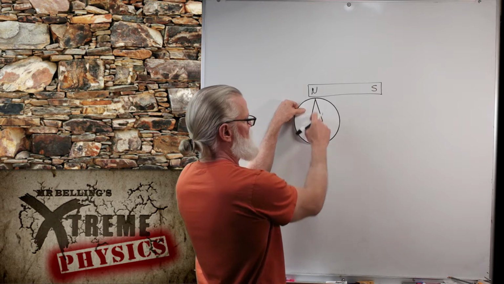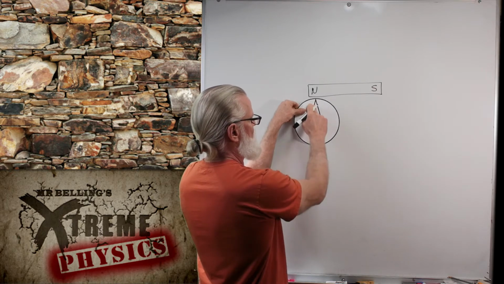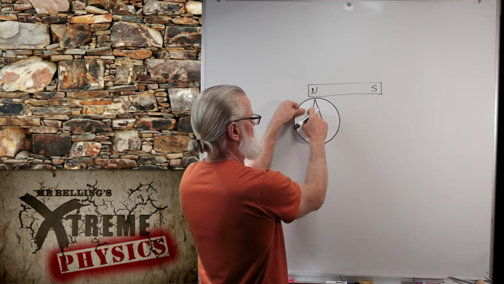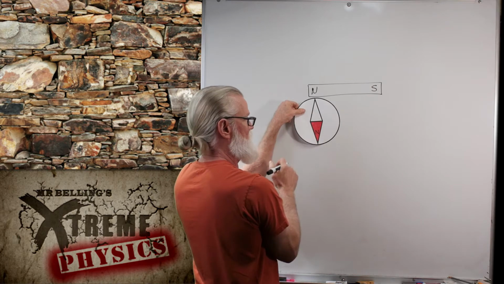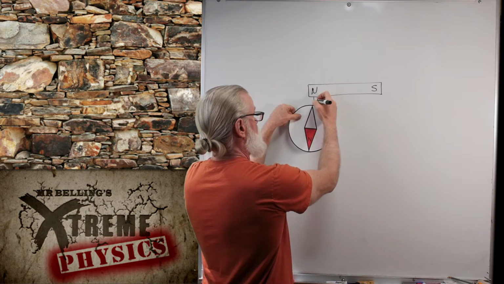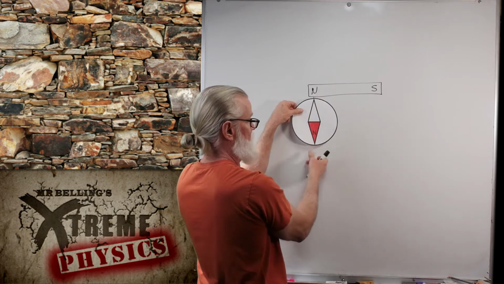The south end of the compass is going to attract to the north end of the magnet, because remember, this is just another magnet, right? So the field here is going to be that way, because that's where the compass is pointing.